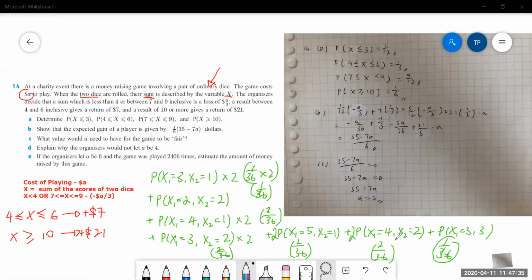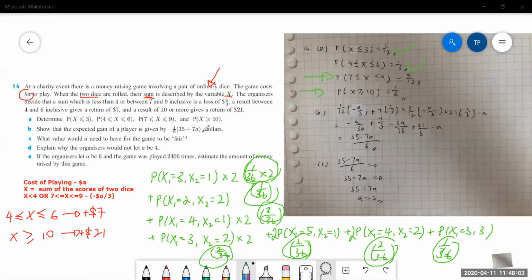So we have 1, 3, 5, 7, 9, 10, 12. So it's 12/36. So this is correct and this is correct. What I'm trying to show here is just the mode of presentation only, your answers are correct. I'm not going to do it again, this is very boring already.